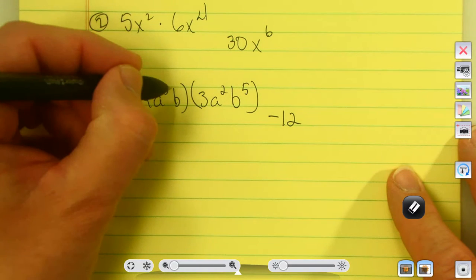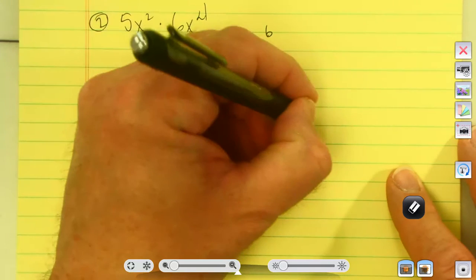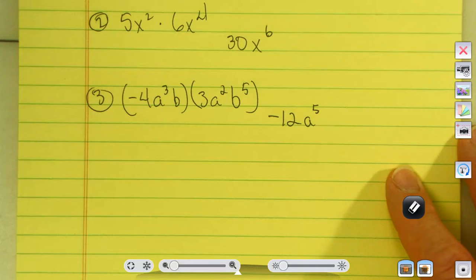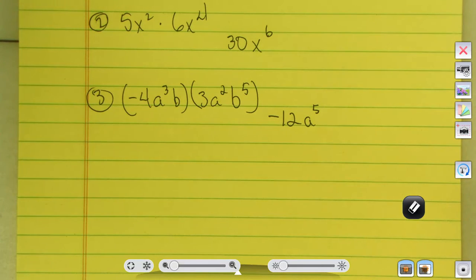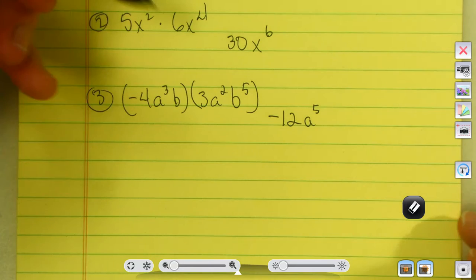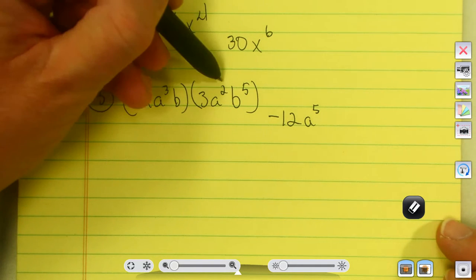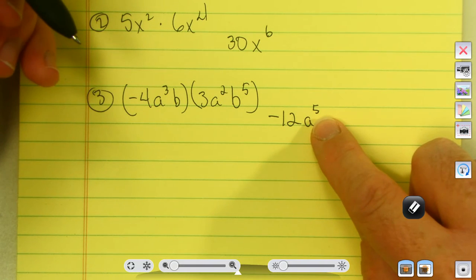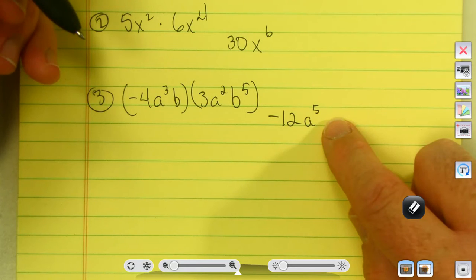Then a to the third times a squared. I just have to go 3 plus 2, which is 5. Okay, now I will tell you the first place that you're going to make a mistake, if you're not careful, is you'll want to actually say 3 times 2, a to the 6th. That's where you're going to want to make a mistake, but you don't want to do that. You want to add those exponents.